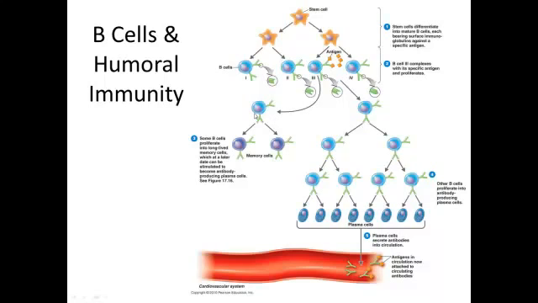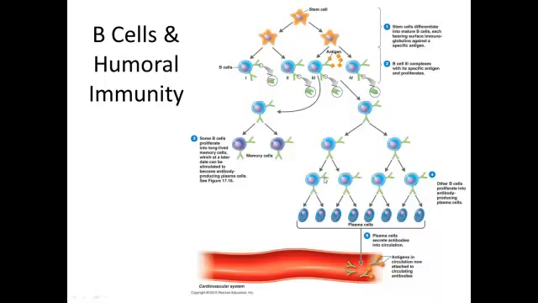Now the first thing that it's going to do is make more of itself. It's going to divide. We call this clonal expansion or proliferation. It can't fight and make all the antibodies that the body needs, so it's going to clone itself and make more B cells that make antibodies specific for that antigen.